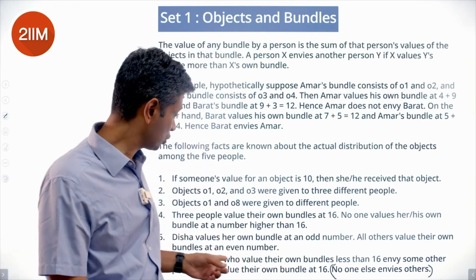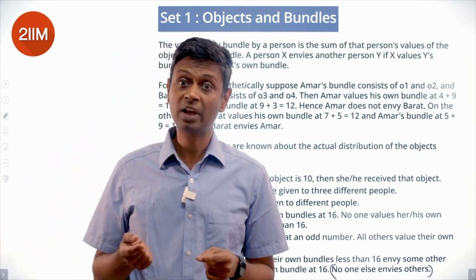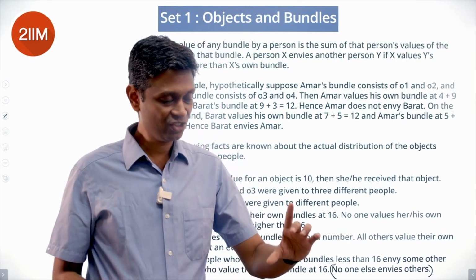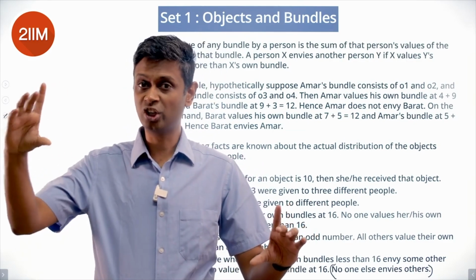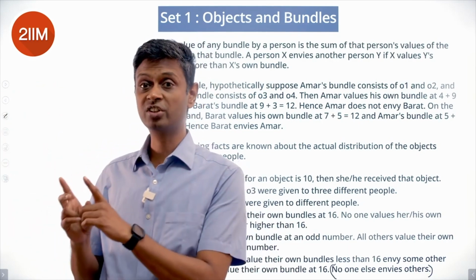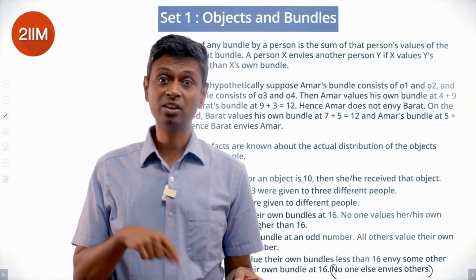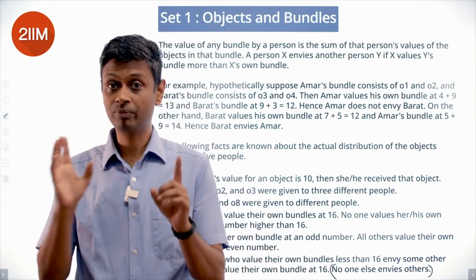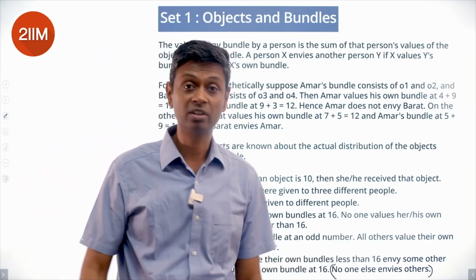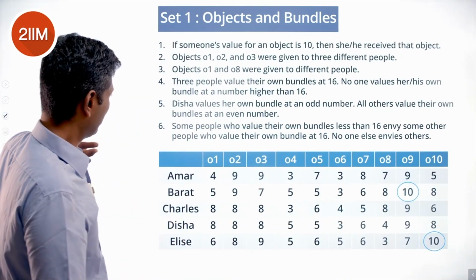And someone whose bundle is valued at less than 16 does not envy someone else whose value is also less than 16. Less than 16 envies 16. That's not the bazooka. The bazooka: someone at 16 doesn't envy anyone else, and a less than 16 does not envy another less than 16. Not some envy, but that no one else envies others. That is a big trick. Lovely. Let's go step by step.